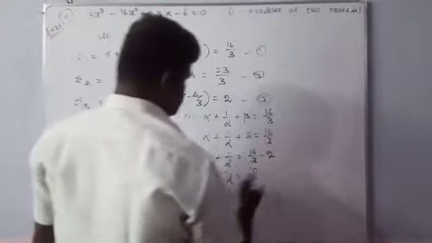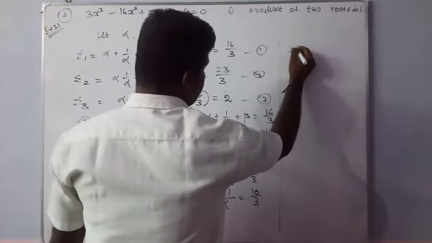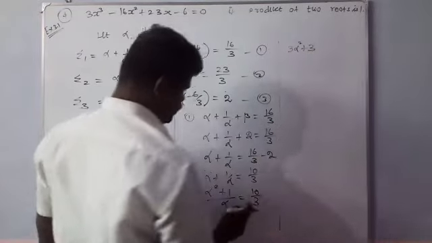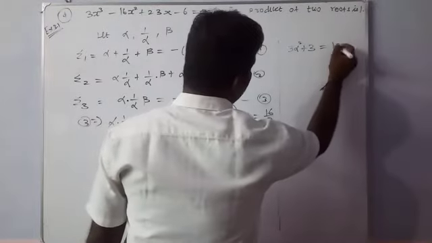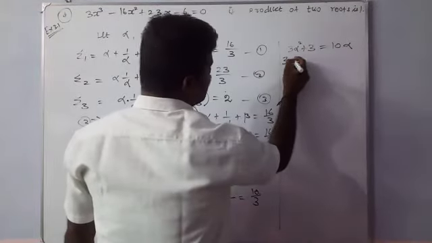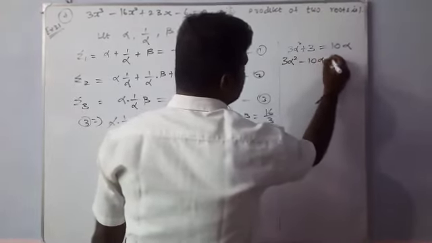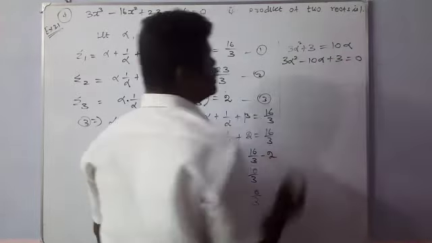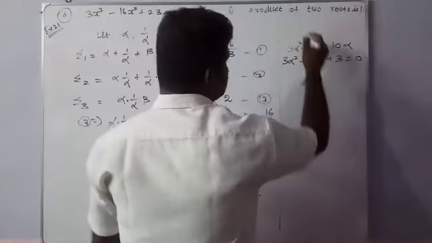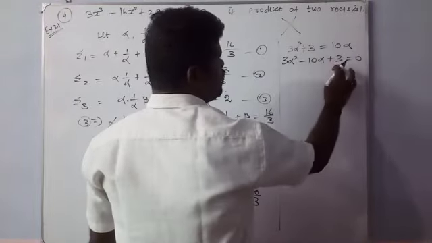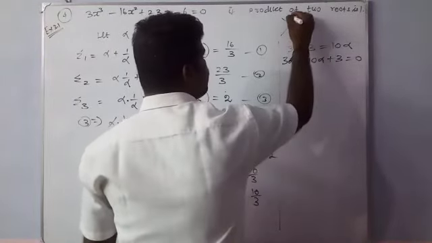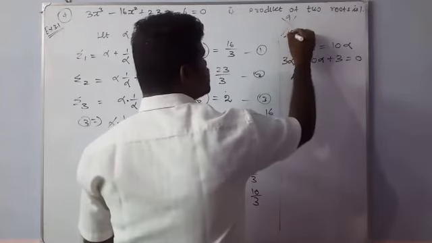And cross multiply this value: 3 alpha square plus 3 is equal to 10 alpha. Now 3 alpha square minus 10 alpha plus 3 equal to 0. What are the roots? The product of the roots is 9, and the sum of the roots is minus 10.